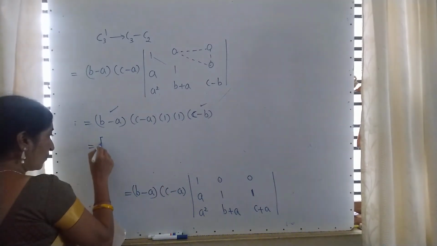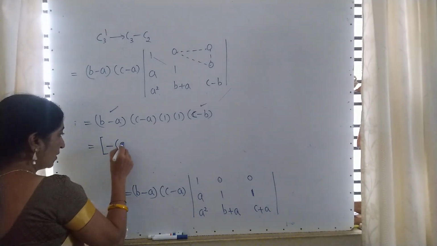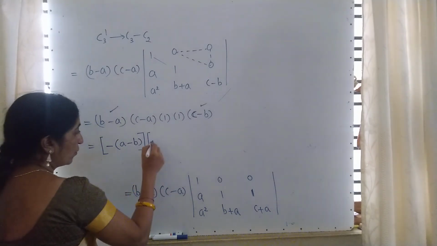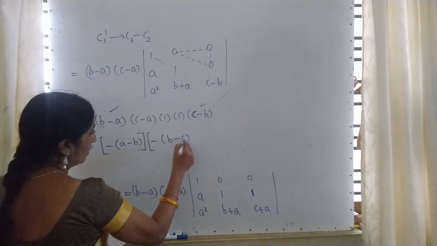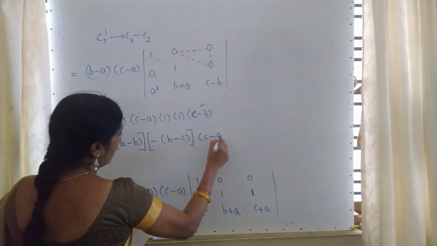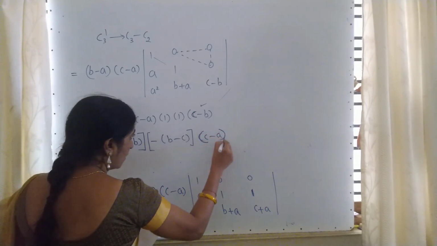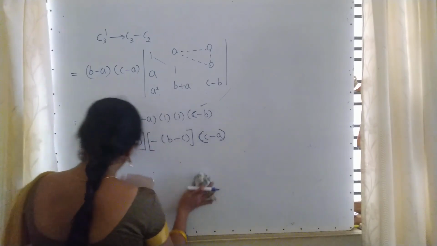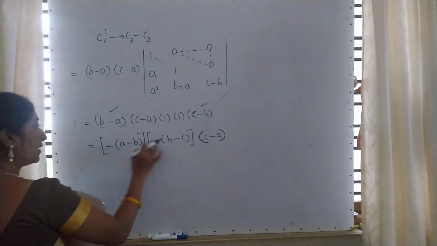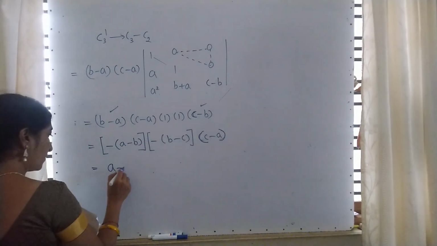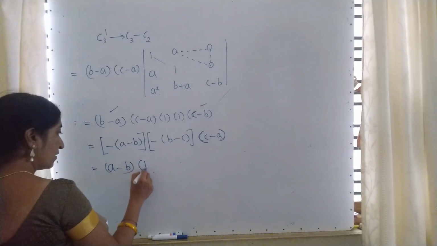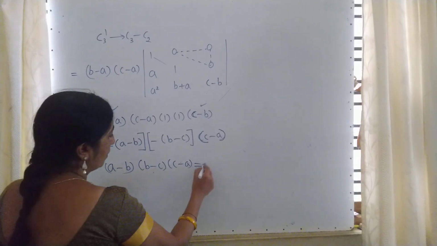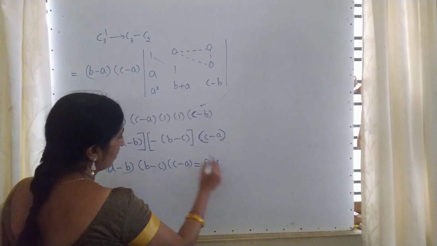If you want, I will write one more step here. Minus common, A minus B. That's why I am writing in two brackets. Here also I took minus common, B minus C. Then C minus A as it is. See, this minus and this minus becomes plus. A minus B, B minus C, C minus A. So this is RHS.